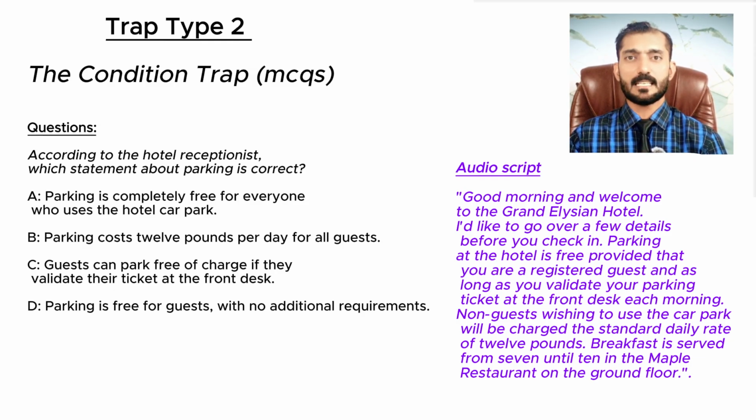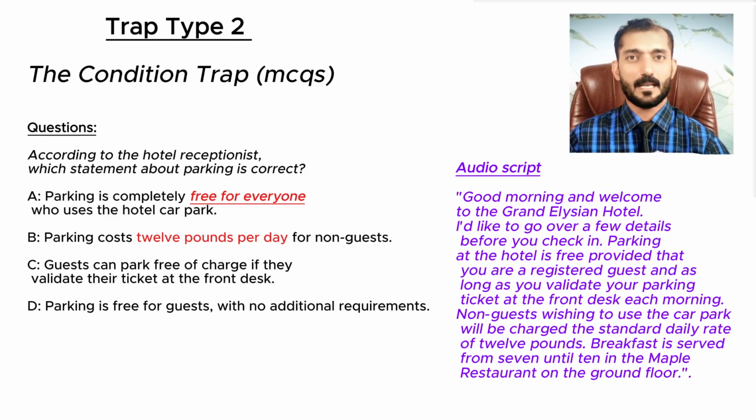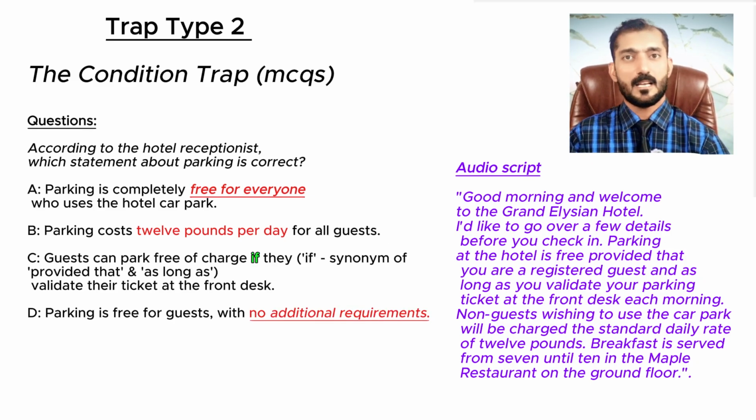Option A removes the conditions entirely, that is, free for everyone, and it targets listeners who hear the word free and get trapped. Option B plants the £12 figure that applies only to non-guests. It tests whether the student was listening for who it applies to. Option C accurately reflects both condition words, including provided that plus as long as, without adding or removing anything.